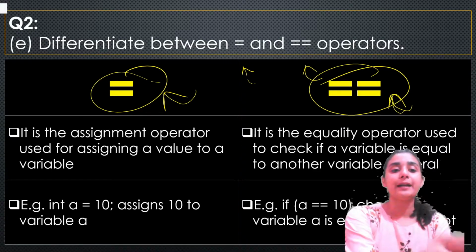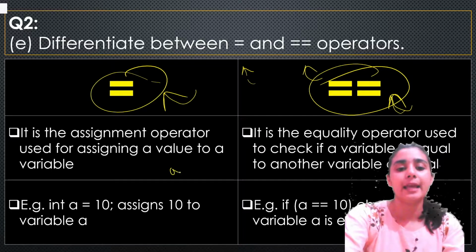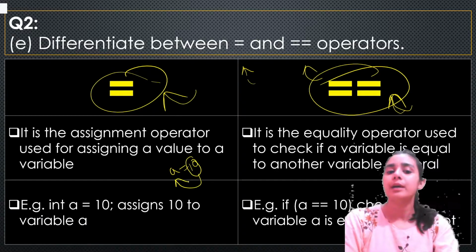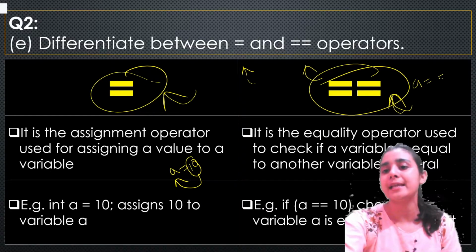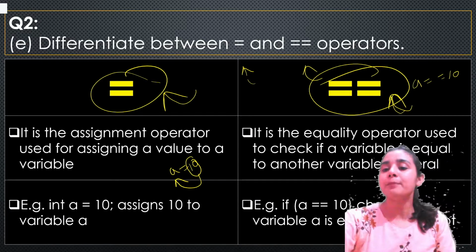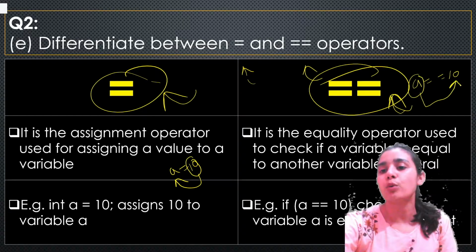So the equals to operator is an assignment. If I'm writing A is equals to 10, that means I'm assigning this value inside A. But if I'm using A is equals equals to 10, that means I'm checking the value. I'm checking whatever is inside A, whether it equals 10.